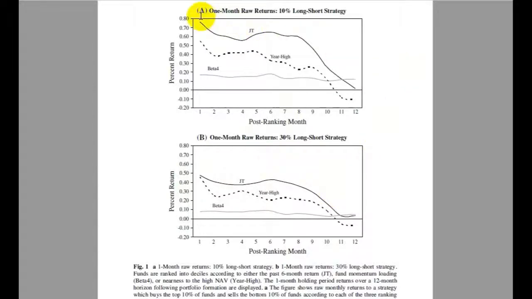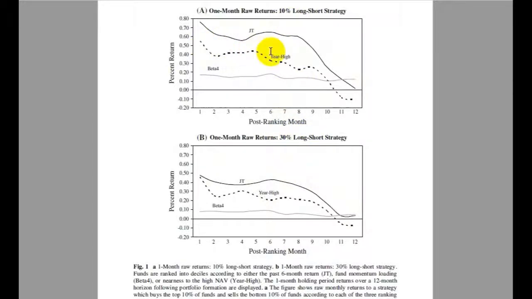And so first we see here that the Jagadish-Titman past 6-month formation period strategy is clearly dominant, providing the highest excess returns in both the 10% and the 30% strategy.